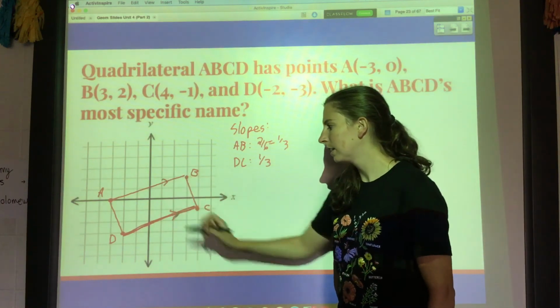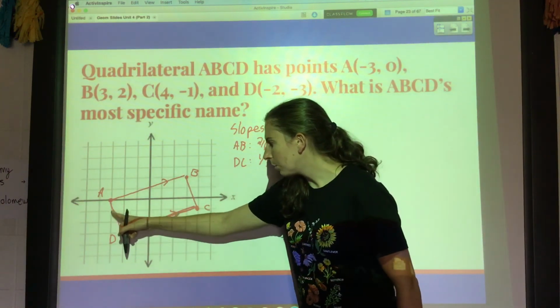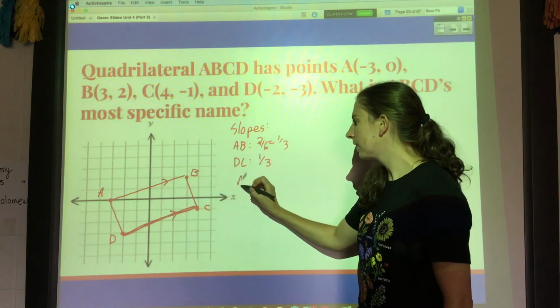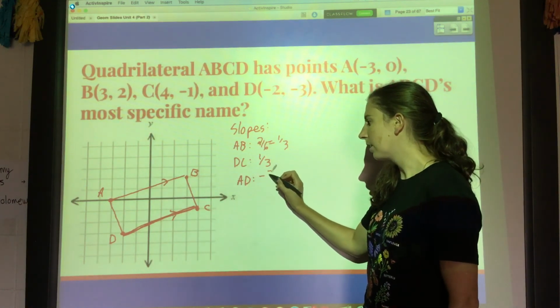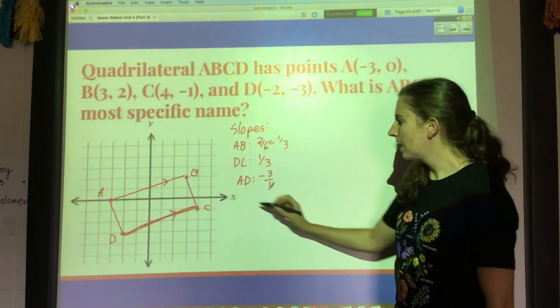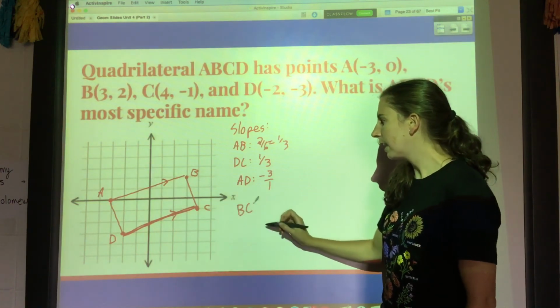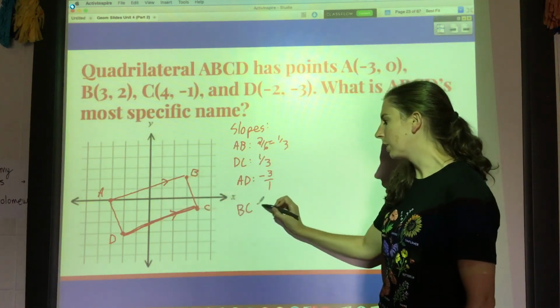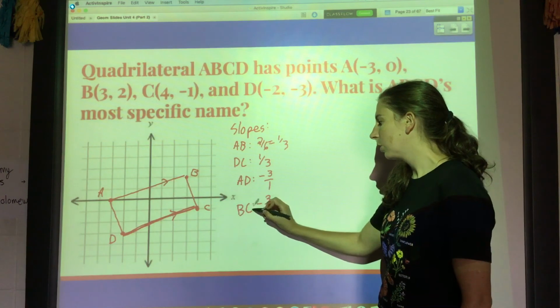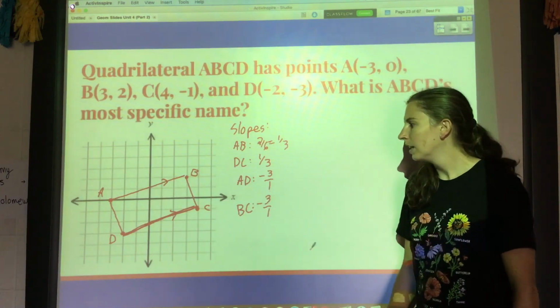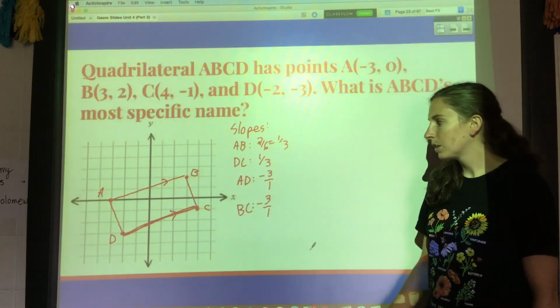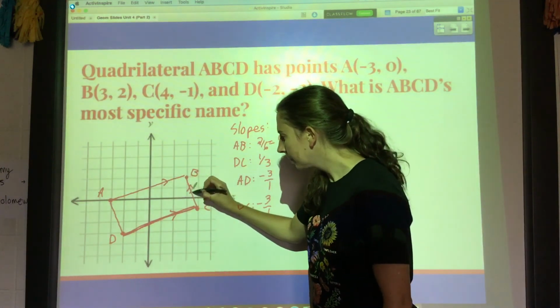For AD, it's down 3 over 1. So down 3 over 1. And for BC, it's also down 3 over 1, or -3. So these two are parallel. So it's definitely a parallelogram.